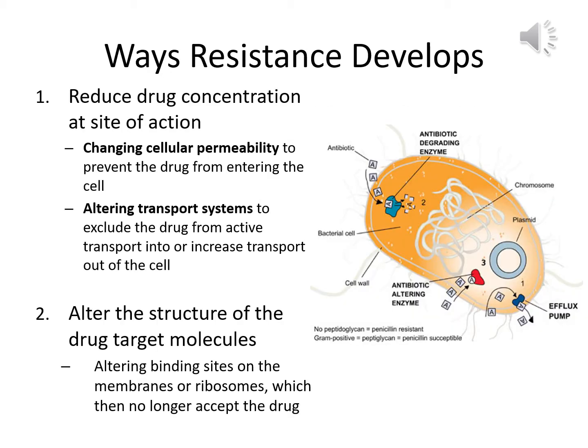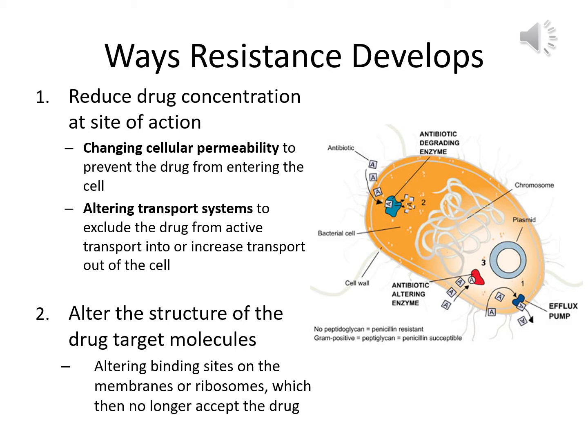All right, so the first mechanism that we'll look at, or first technique, or process, I should say, that these bacteria use is to really inhibit the ability for the drug to concentrate at the site of action. And so there are several techniques that bacteria use for this. One is to just alter the cellular permeability to prevent the drug from entering into the cell.